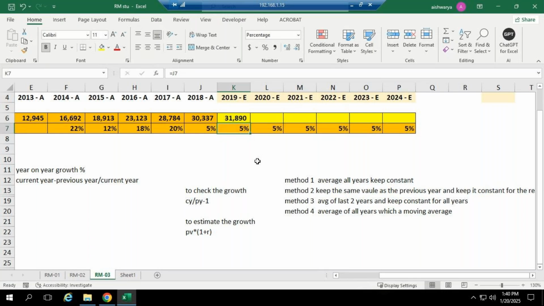See, now we'll be getting the answer here as 31,890. So again you have to drag it over here. That's all. This is the second method of calculating the revenue.